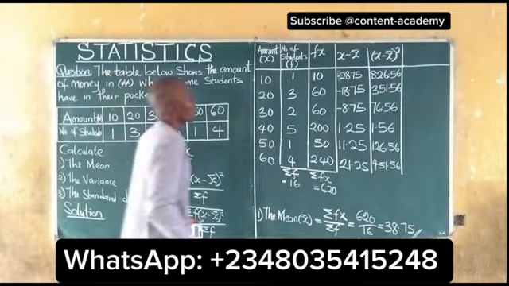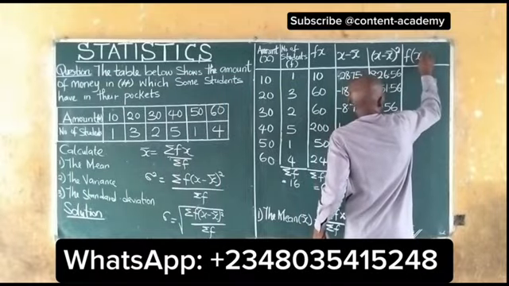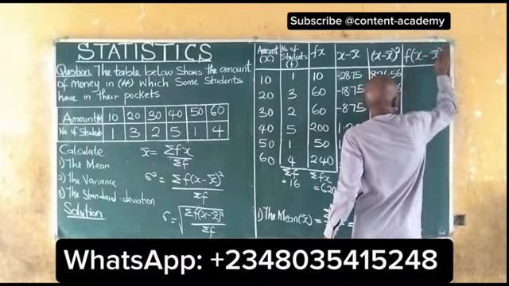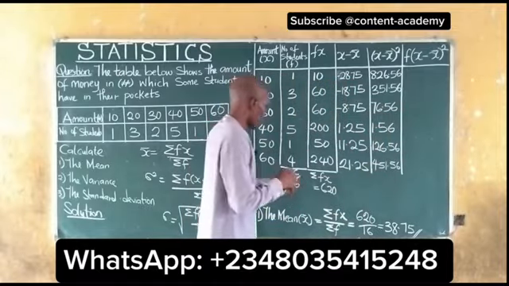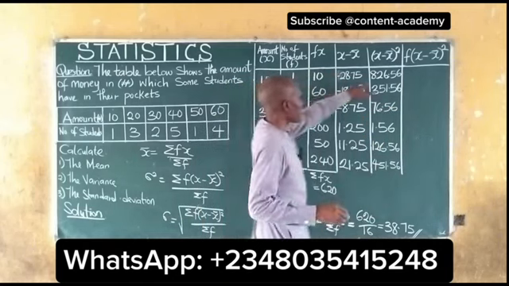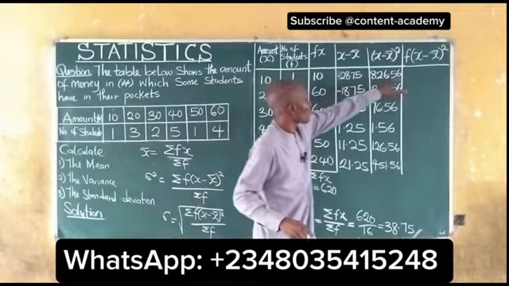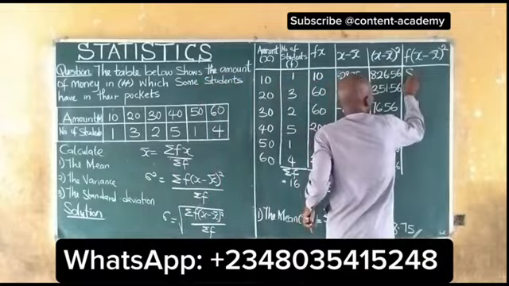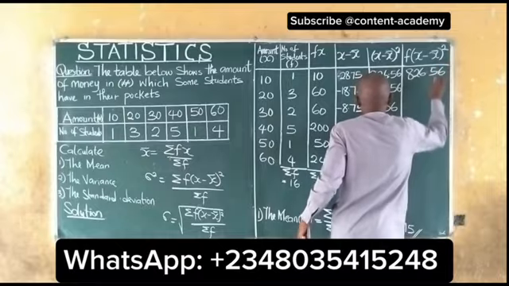Now, because of what we have here, summation of f of x minus x bar squared, we will now have f times x minus x bar squared. So this is another column we'll have. It means that we multiply our f value by this. Of course, 1 multiplied by this is the same thing, 826.56.